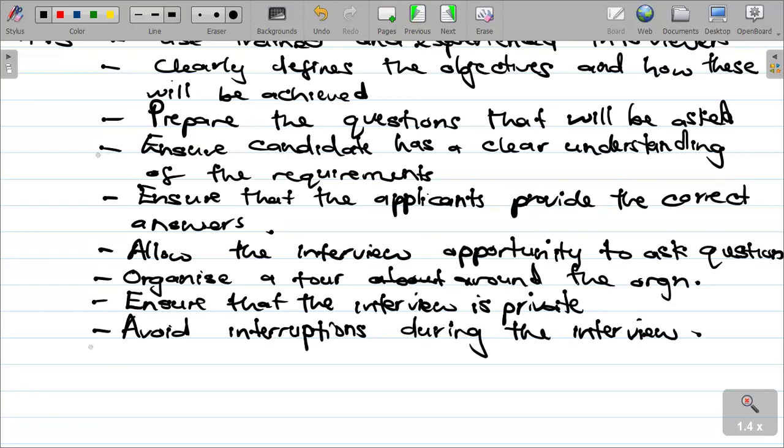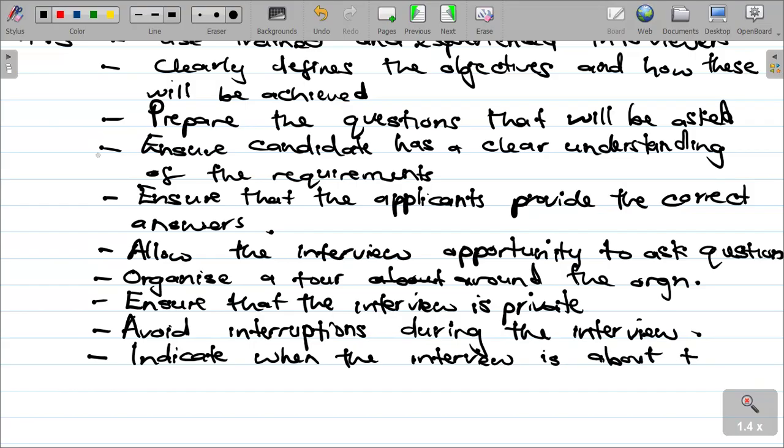You're supposed to indicate to the candidate when the interview is about to end. There are so many of them.